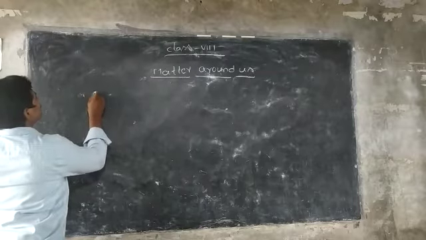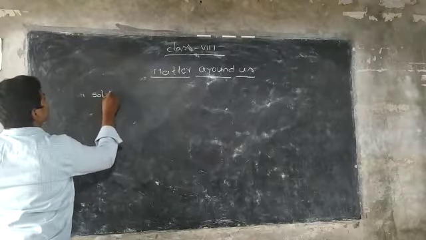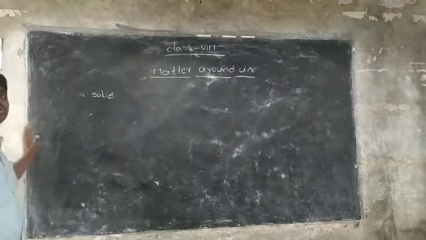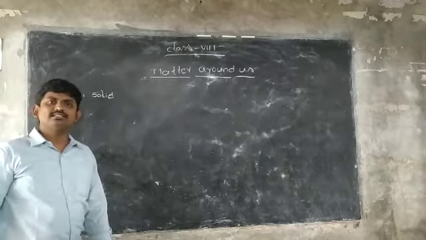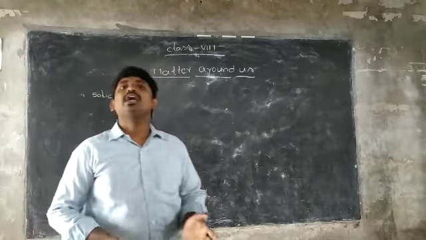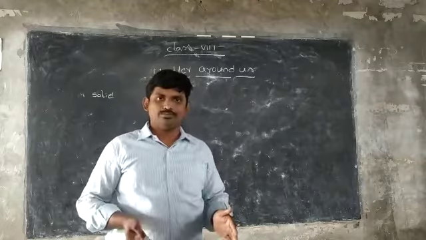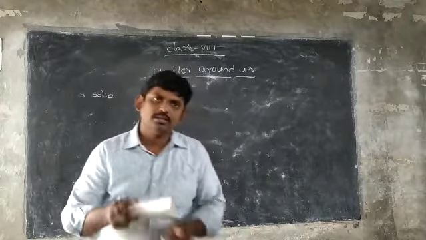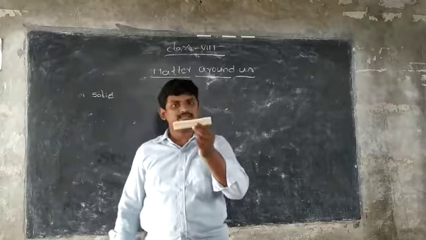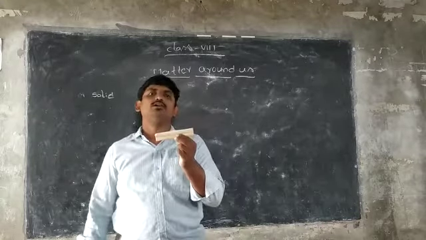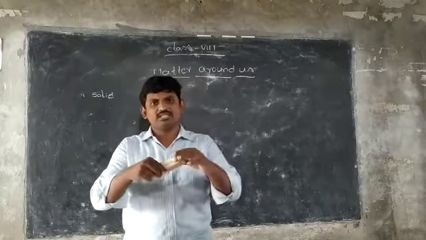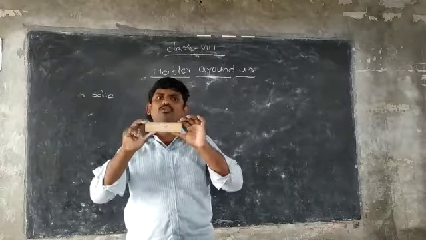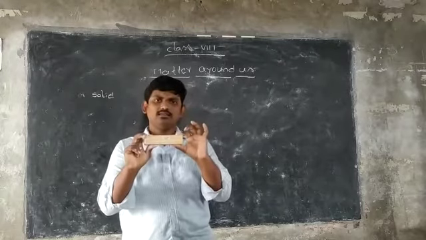First of all, solid. Solids contain a definite shape and a definite volume. How could you say that? Is this a solid? Yes, this is a solid. So, can you change the shape of this article?